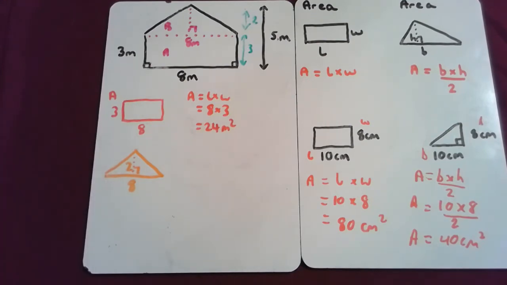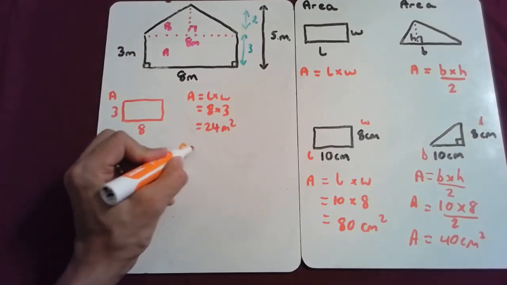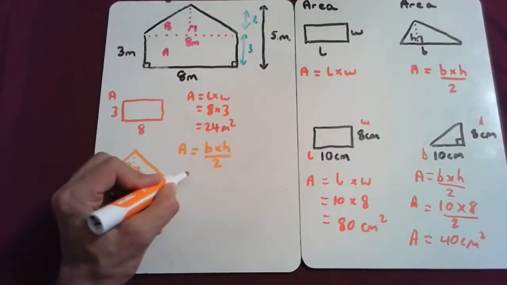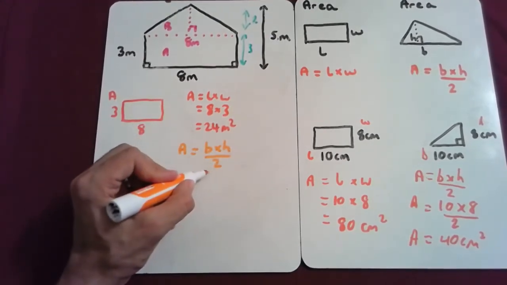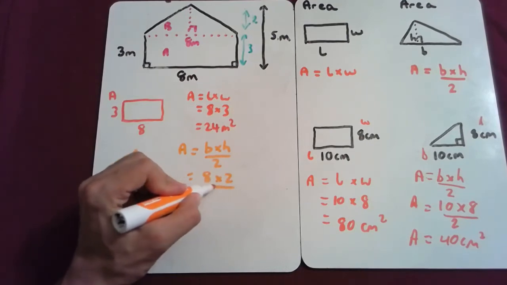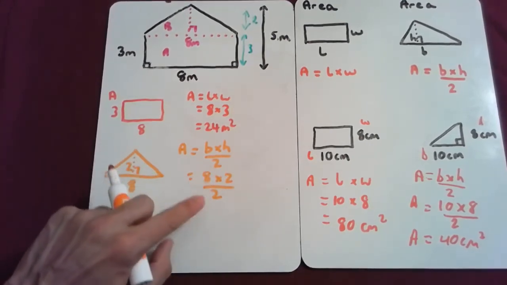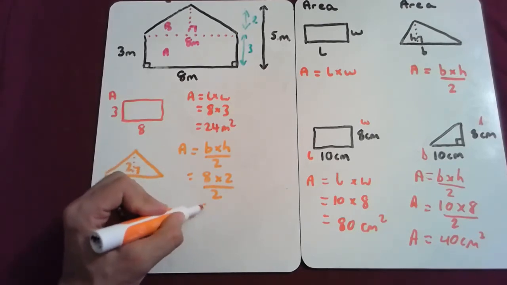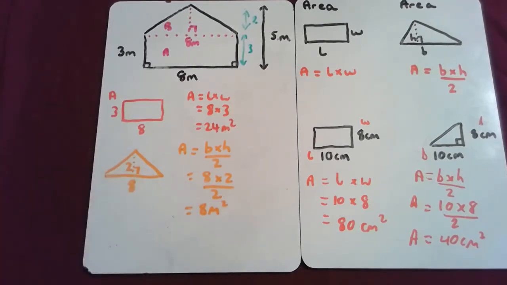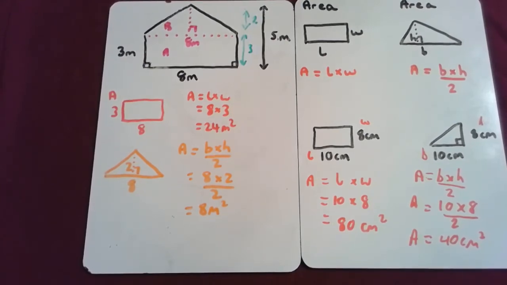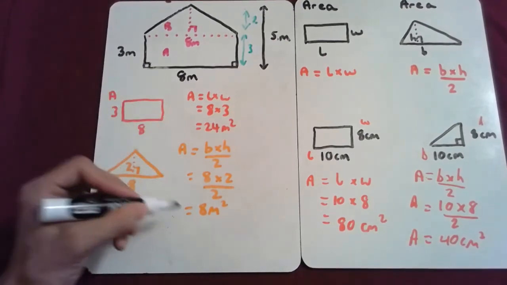So if we apply that to this question and substitute into our formula, the area is the base times the height divided by 2, which is 8 times 2 divided by 2. 8 times 2 is 16. 16 divided by 2 is 8 meters squared, and that enables us to work out our total as 24 plus 8.